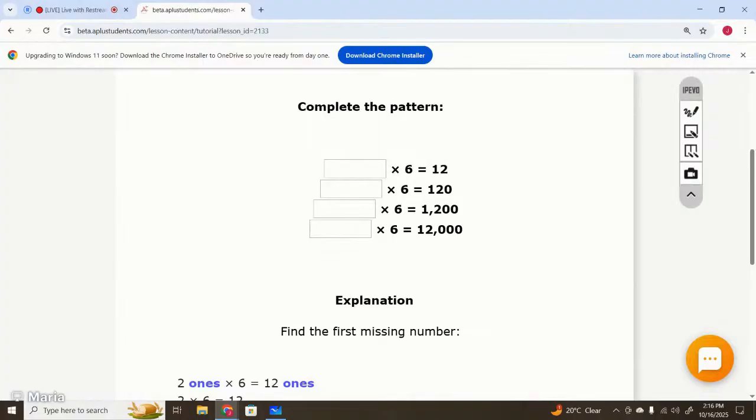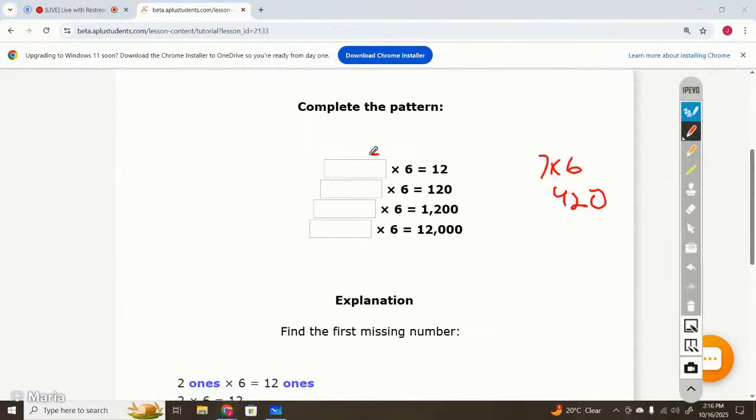So what number times 6 is 12? 2 times 6 is 12. Now you just have to look at the pattern of the zeros.